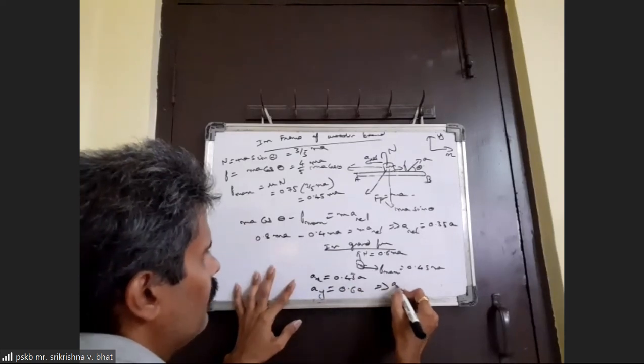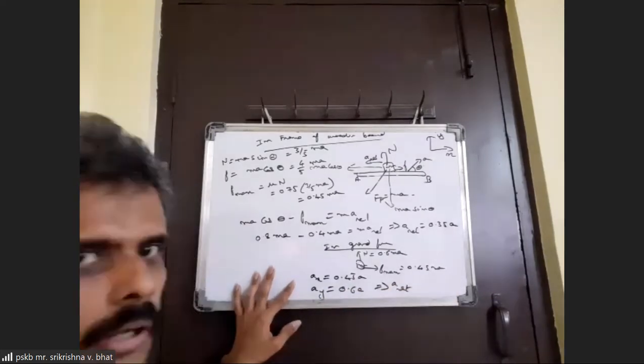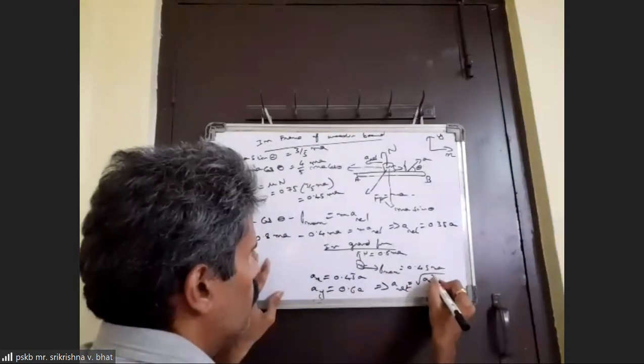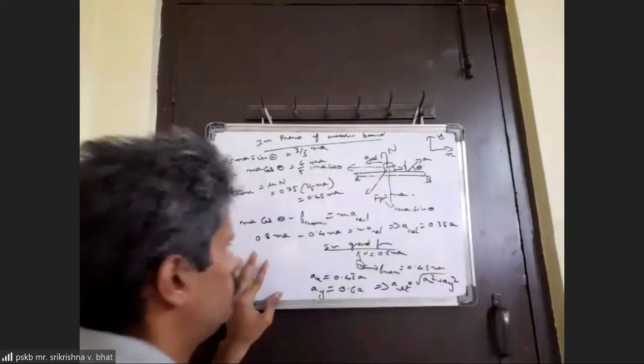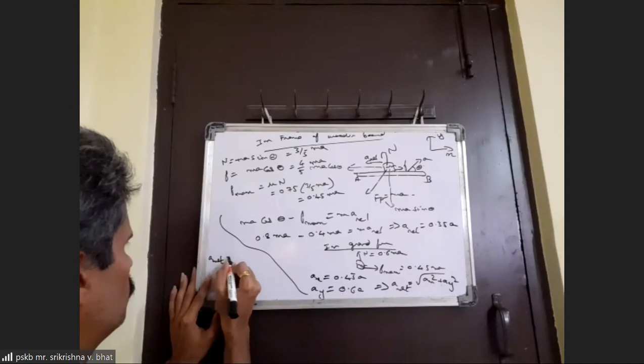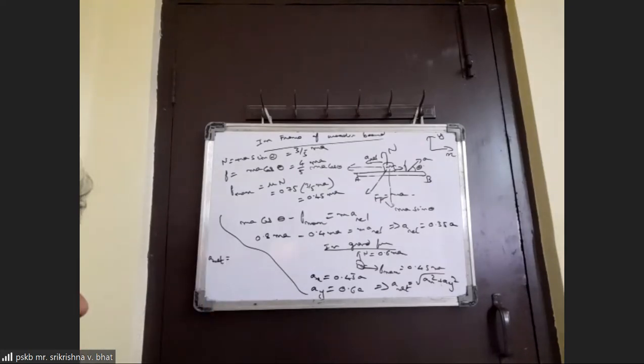This means the net a will be the resultant, root over ax square plus ay square. So net a will come out by calculating the square of 0.45 square plus 0.6 square. You can do that.